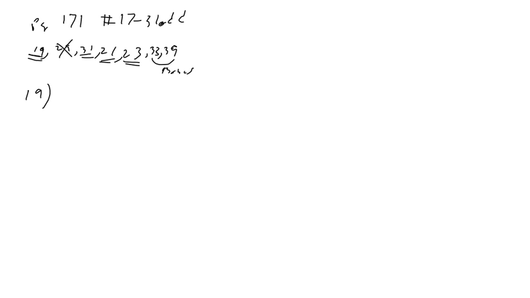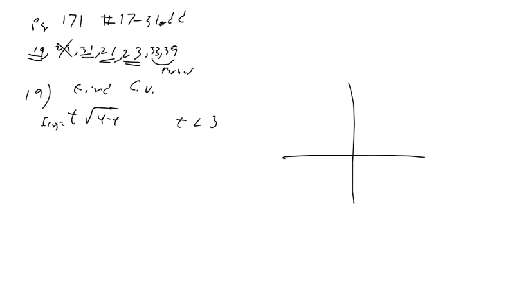I'm going to go fast, so again, you've got this recording, so keep up. 19. We're looking for the critical values. I've got the equation t root 4 minus t. That's f of x. And it's only where t is less than 3. So if we graph this equation, it's going to look, well, I don't really know.